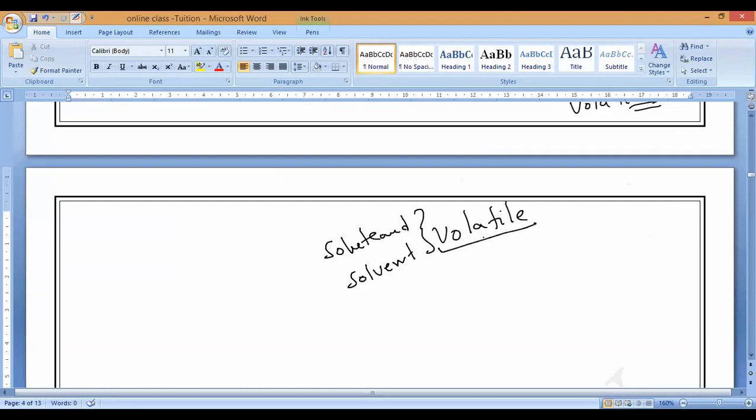Which can easily convert into gaseous state. So if the solvent is evaporating, the solute will also evaporate. If the solvent is condensing, the solute will also condense, so again we will get back the same mixture. We are not going to get separate components.